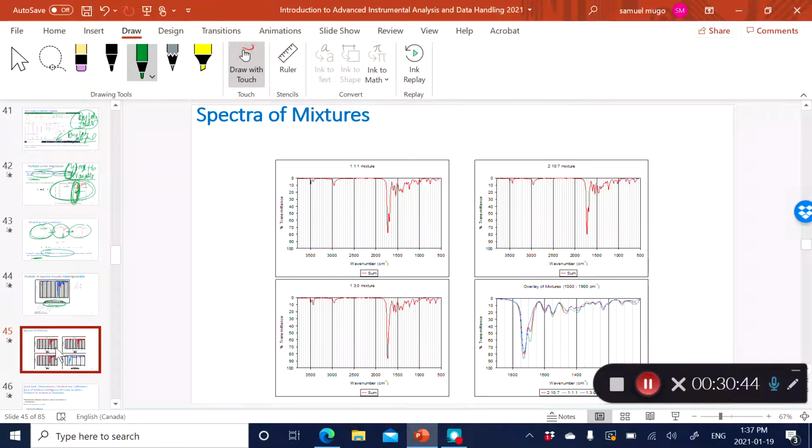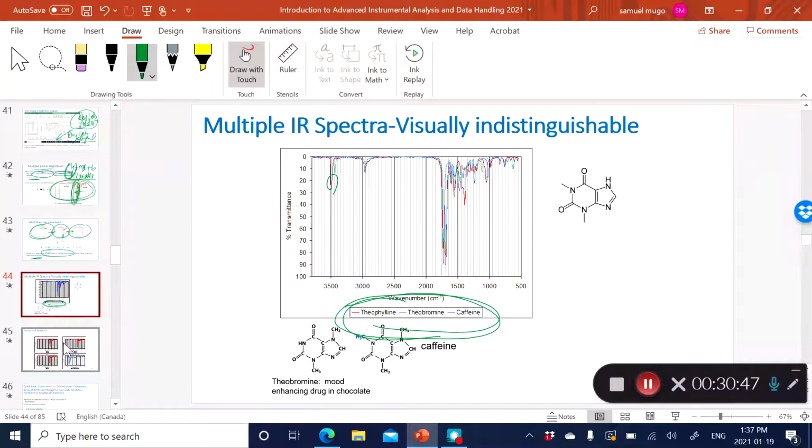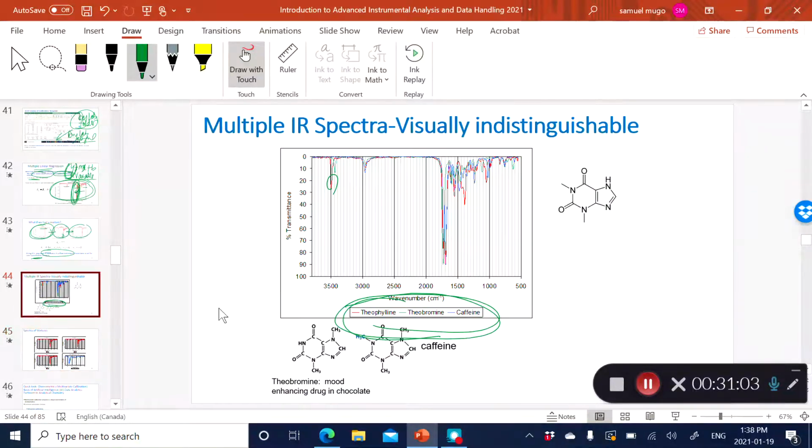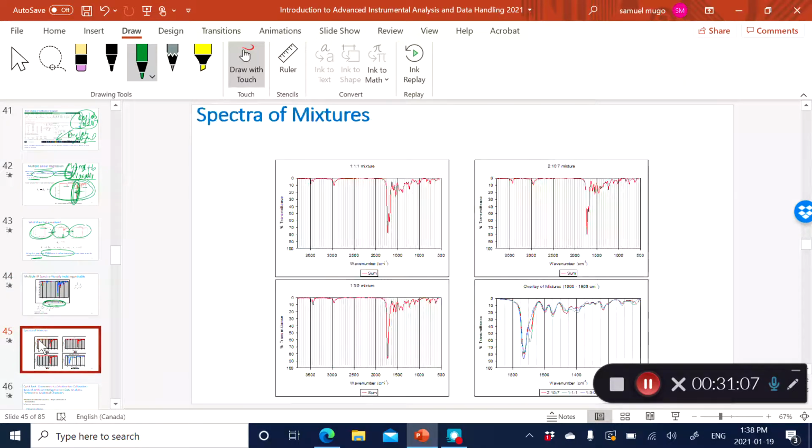And so the way you do this in terms of building the regression models for these very complex mixtures where the signals are totally indistinguishable would be you create standards, say of the three different compounds, theophylline, caffeine, and theobromine. And so you've got a different set of standards.